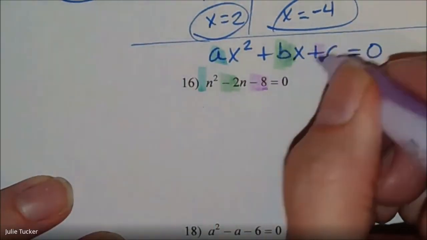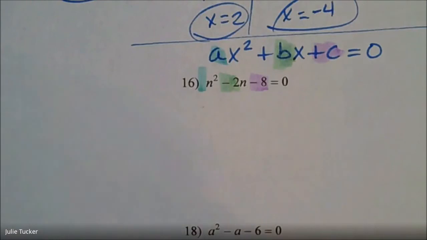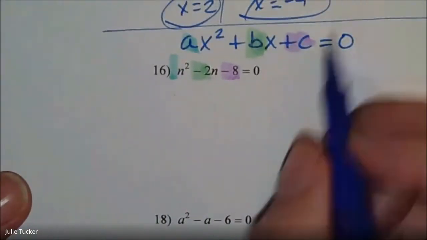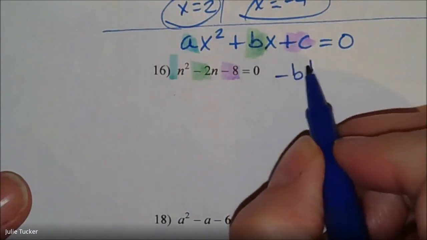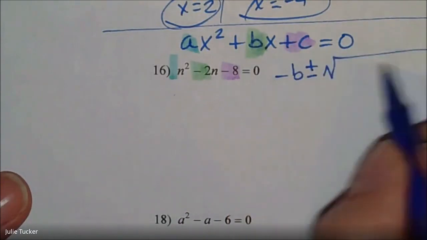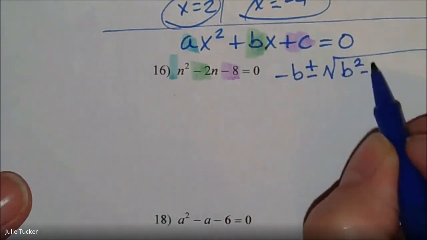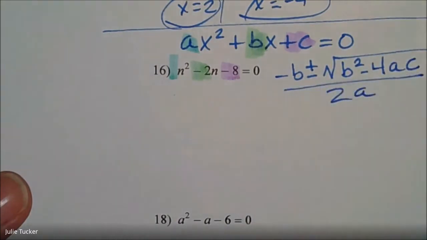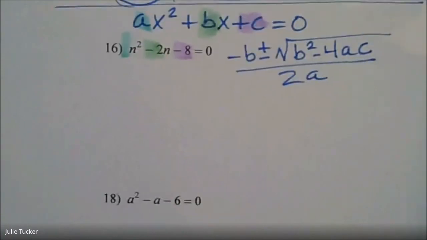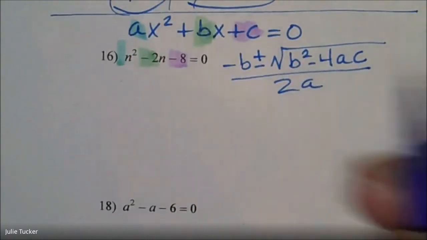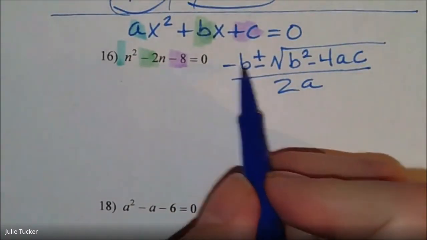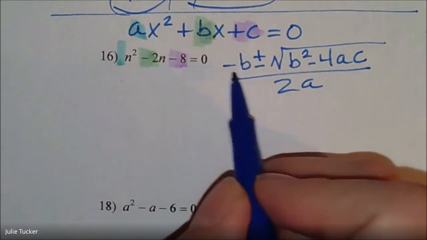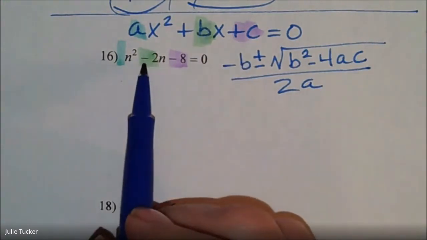So these are the numbers that go in the formula. But here is the quadratic formula: -b plus or minus the square root of b squared minus 4ac all over 2a. So that's what we're going to do. We're going to put -b, so that means the opposite of b. So b was -2.